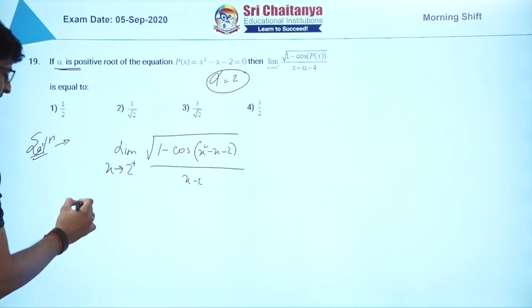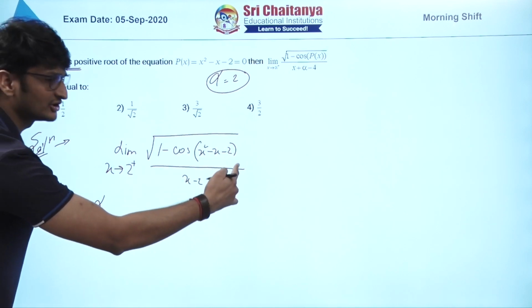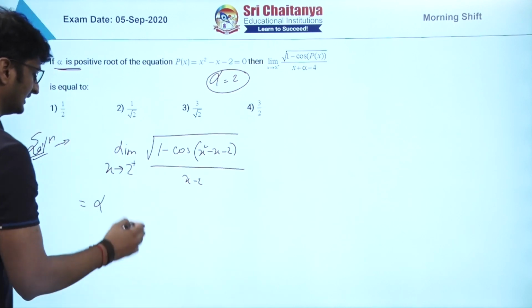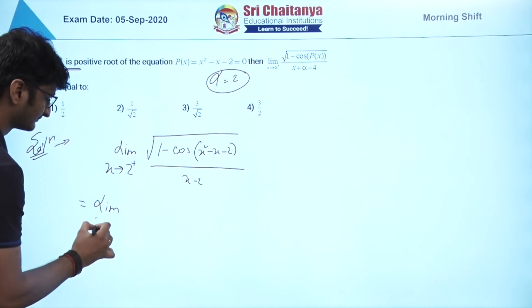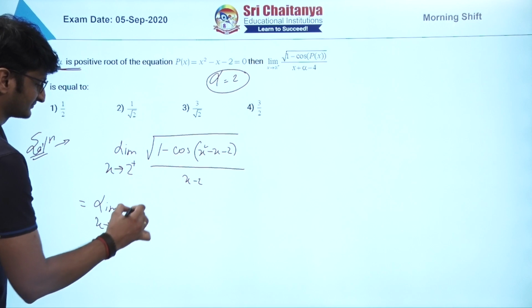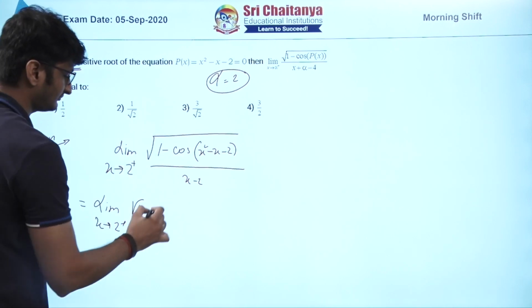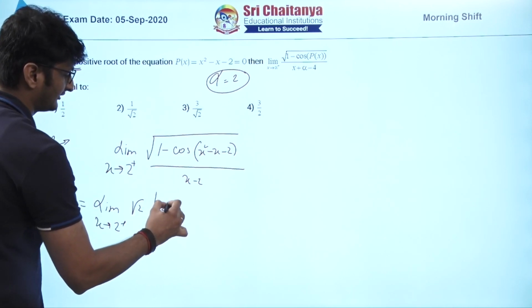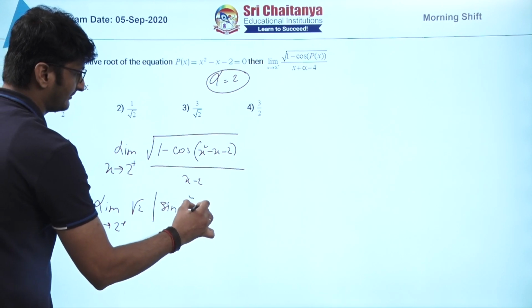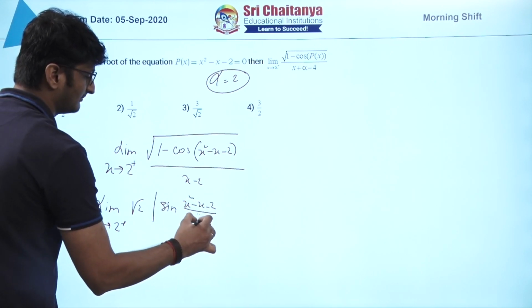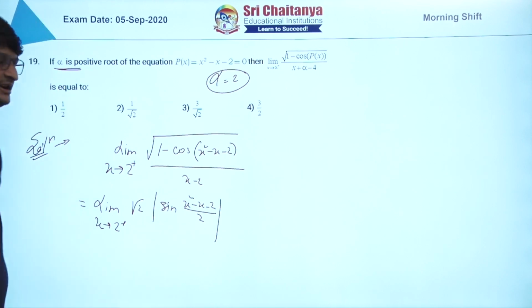Use the standard formula, it is nothing but theta only, so 1 minus cos theta is equal to 2 sin square theta by 2. Let us use this, it is root 2 mod in terms of sin of x square minus x minus 2 by 2. I hope it is clear.